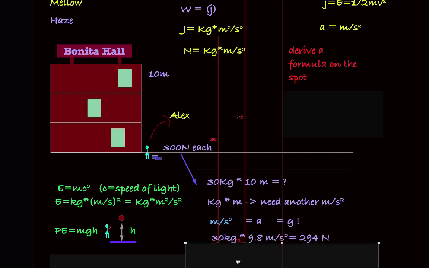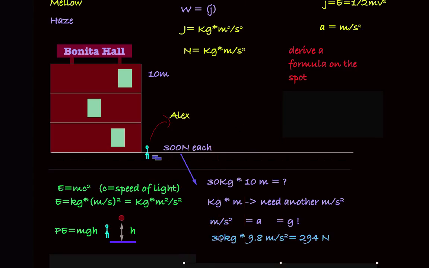So then again, we can go through very quickly and do 30 kilograms times 9.8 meters per second squared, which is the gravitational constant. And we come up with 294 newtons, which is very close to the 300 newtons we were given in the problem.